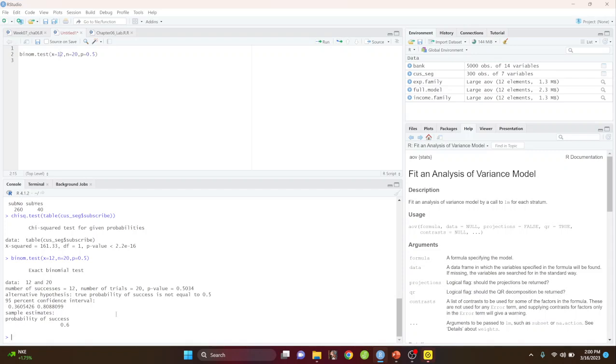Now, one critical thing I need to share with you: when you say 95% confidence interval, it has nothing to do with your own confidence that you have.